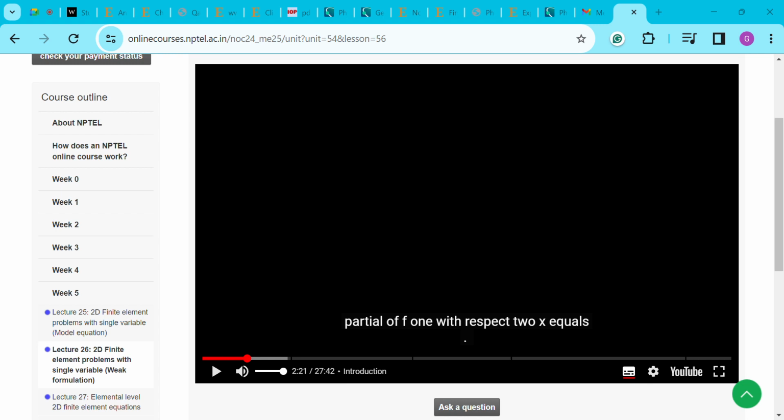Smaller by larger or larger by smaller? I think it is larger by smaller generally. So the ideal aspect ratio should be close to one. If it is close to one, it's the best element.